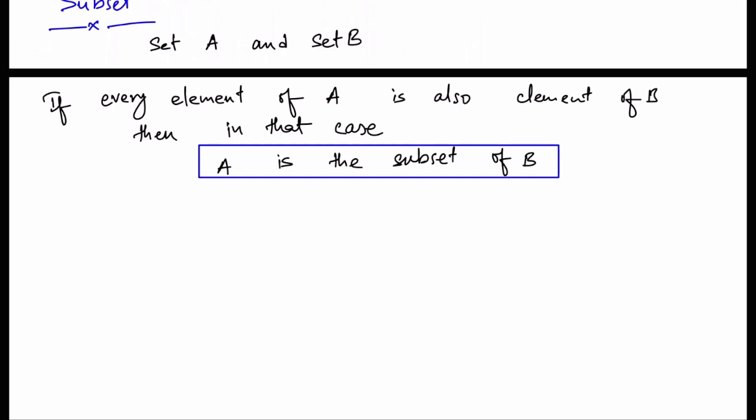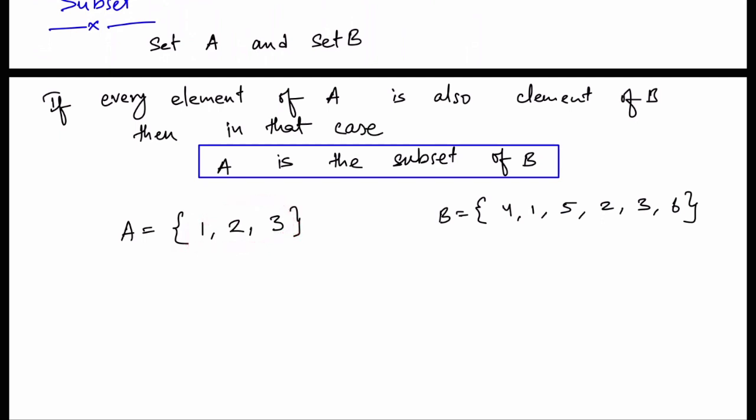Let's say set A has elements 1, 2, 3. Now set B has elements 4, 1, 5, 2, 3, 6. Now every element of A is also an element of B. See, set A has three elements, 1, 2, and 3.